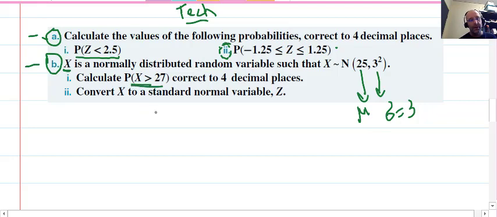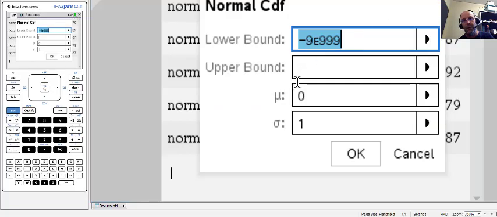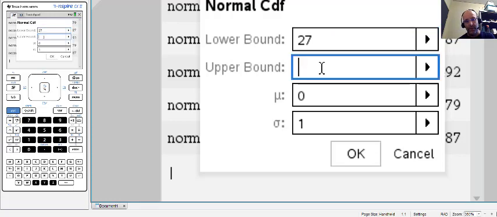Probability that x is greater than 27. Okay, now we go again to normal CDF, and probability that x is greater than 27 means we start at 27 and we go up to 9 times 10 to the 999, which is infinity essentially.